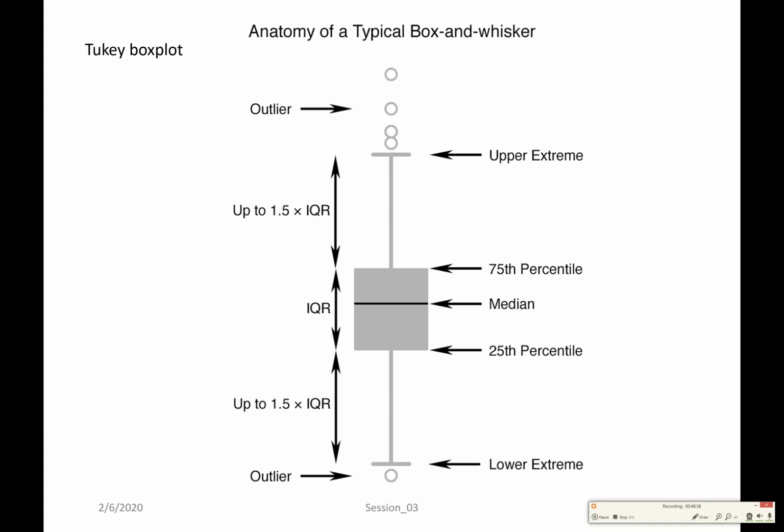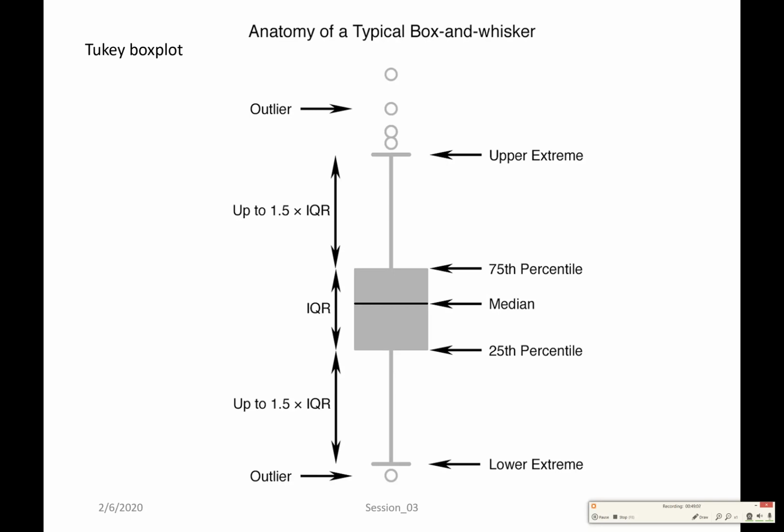So when you get a cumulative percentage, like this is the 75th percentile, this is the 25th percentile, this is what we call the interquartile range. You can find the median, that's right there in the middle. I'll go into more detail later on.